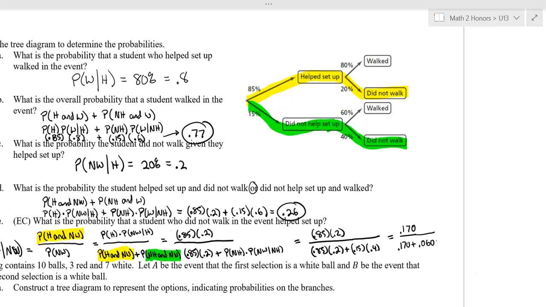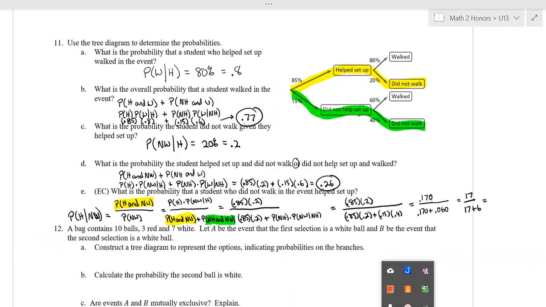You could multiply top and bottom by 1,000. Actually, you just multiply top and bottom by 100, and you end up with 17 over 17 plus 6. Alright, 17 plus 6 is 23. So 17 out of 23 is what we end up with.